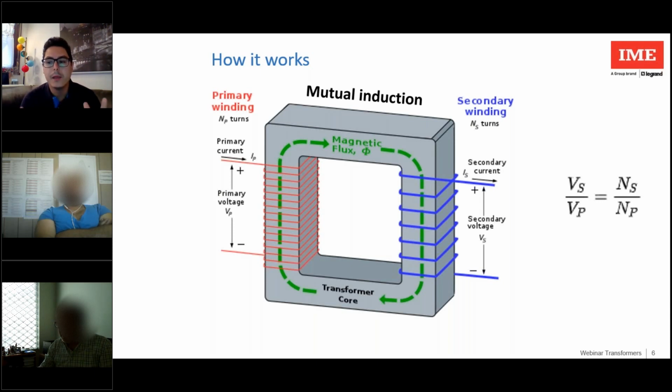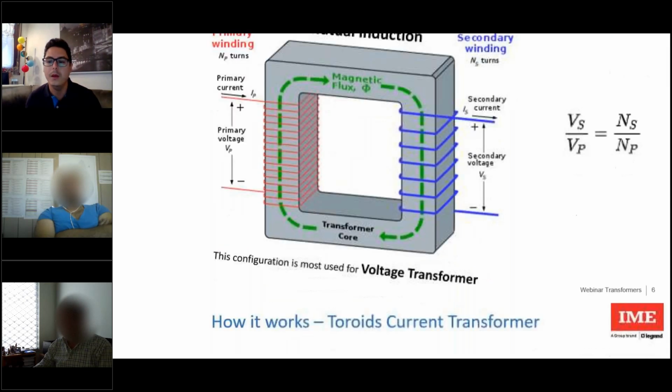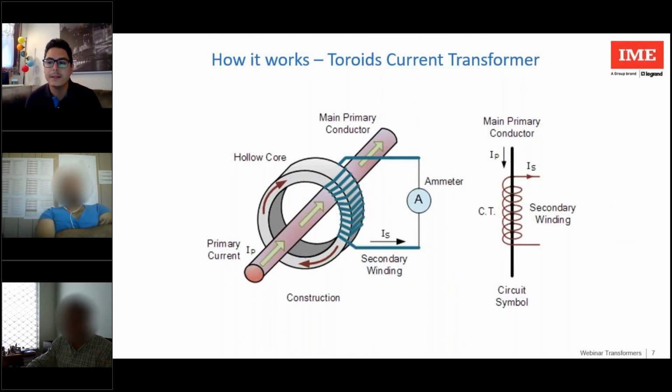In the vast majority of transformers, the windings are located around a ferromagnetic core, as shown in the figure. And what is shown in the figure is what is used in IME to create the voltage transformer. While for the current ones, we will see that there are various types of current transformer in the shape of toroids that can be open or so-called with primary winding.